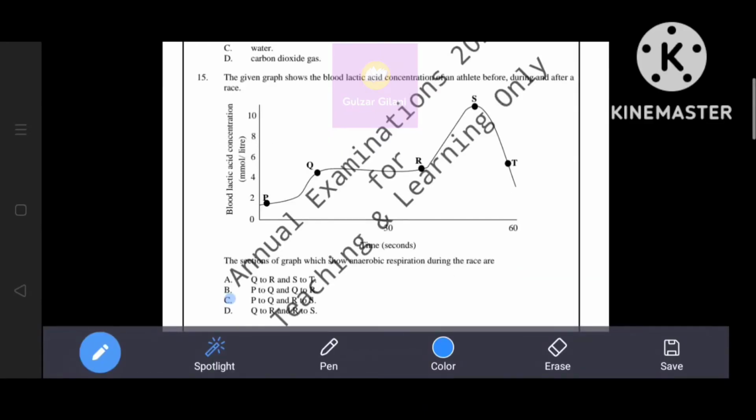Next question. The given graph shows the blood lactic acid concentration of an athlete before, during, and after a race. Blood lactic acid concentration, millimoles per liter, time in seconds.